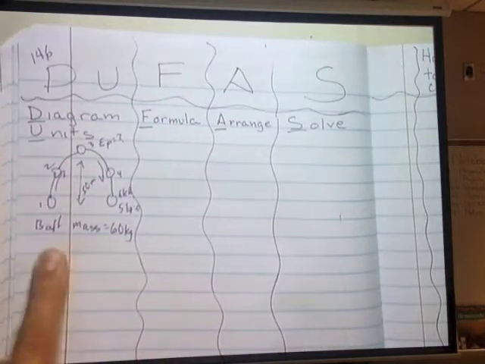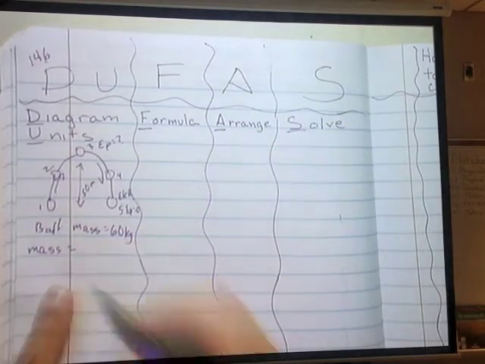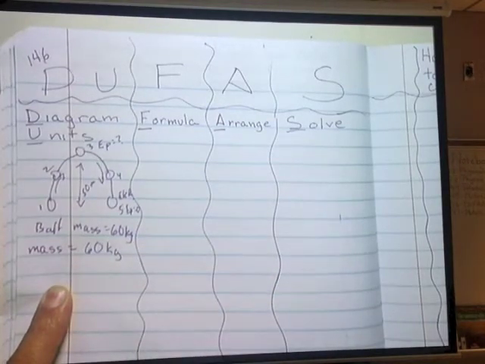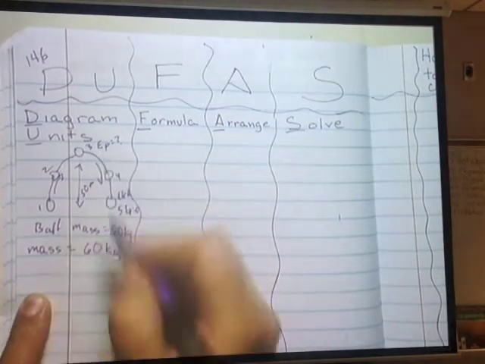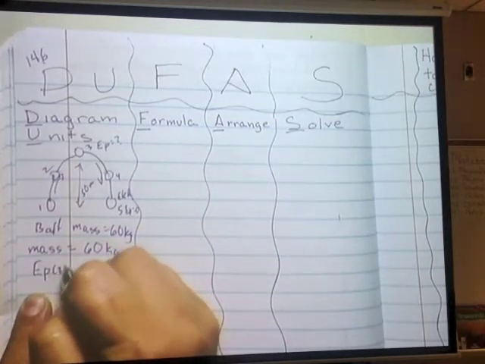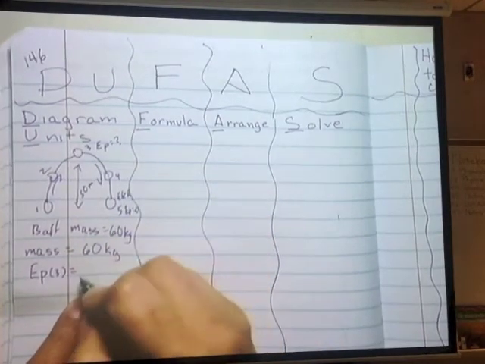Here I have mass, and I know that's 60 kilograms. I know right here the EP at 0.3. There's a question mark, so I need to find it. So I don't know that.